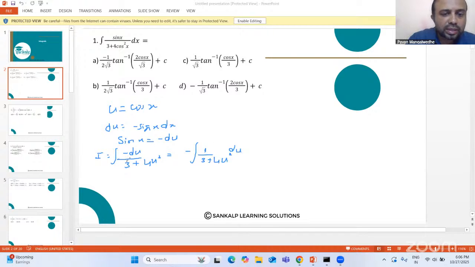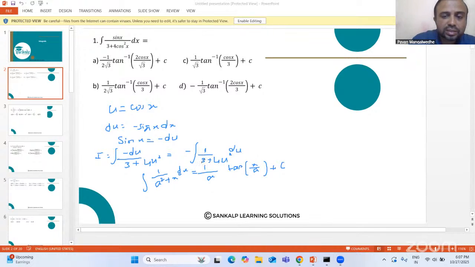As you know, it is a standard form of the integration of 1 by a square plus x square dx, which is equal to 1 by a into tan inverse of x by a plus c, because we need to manipulate the denominator to match this form.